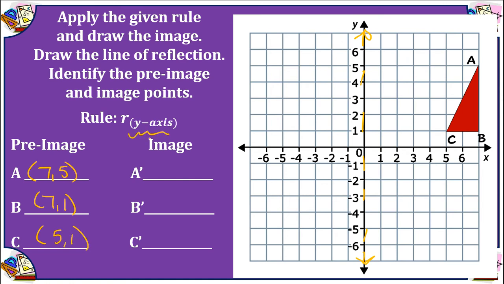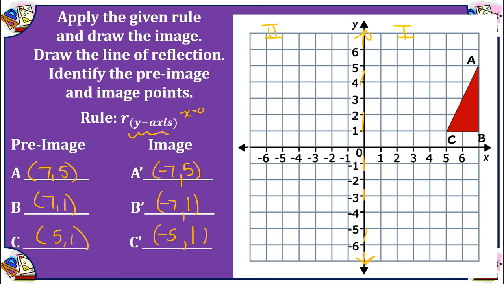We are reflecting across the y-axis, which is also x equals 0. So when we reflect across the y, our y coordinates remain the same, and our x coordinates change to the opposite. And these coordinates, negative, positive, negative, positive, negative, positive, does put us from quadrant 1 to quadrant 2, where we know we would end up.